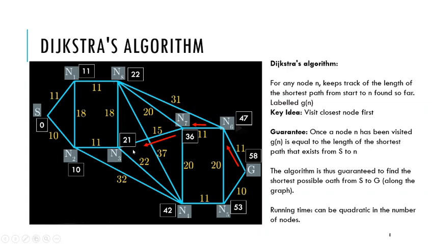So every time you do an update, you also mark who the parent of your node is. In this way you will always remember the actual path, which is the shortest.